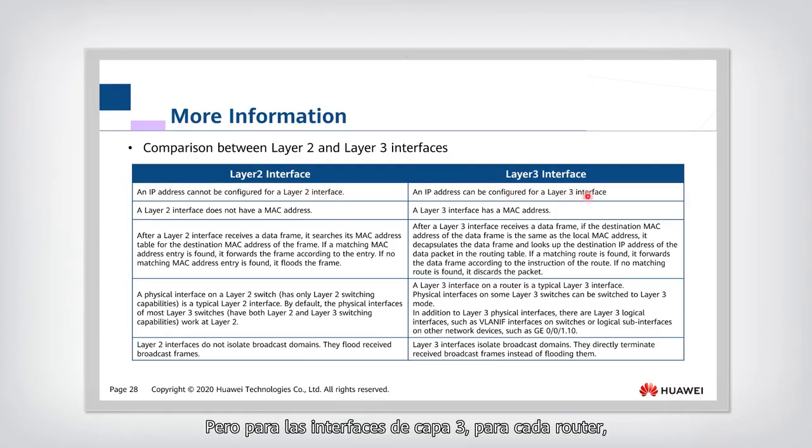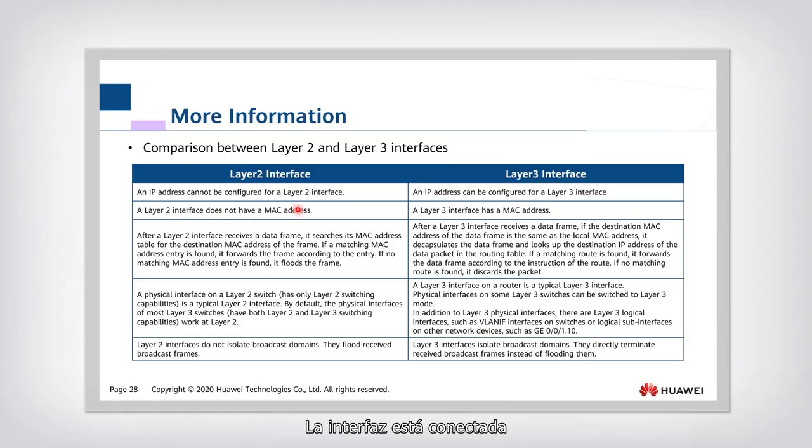But for layer 3 interface, for each router or each interface of the layer 3 device, they can be configured with an IP address. Only if they have an IP address, we can think of them as the layer 3 interface. Okay. And next one, the layer 2 interface doesn't have a MAC address.